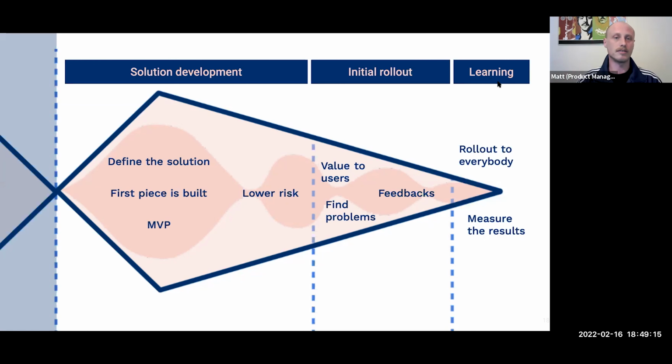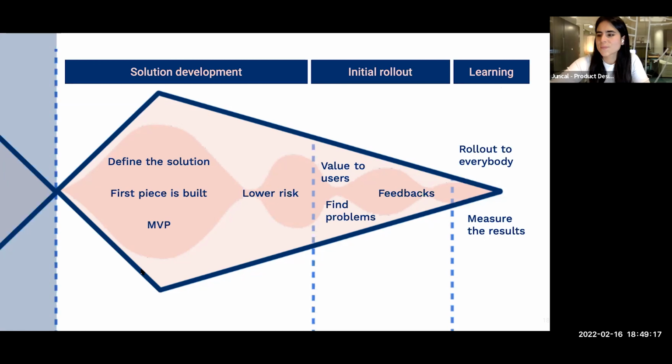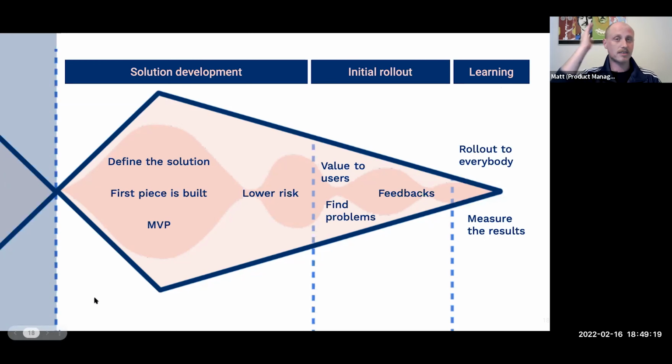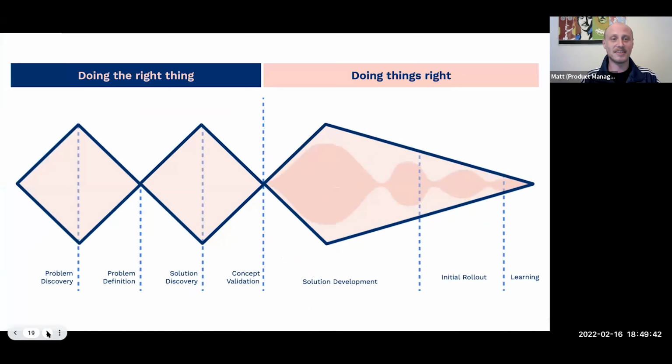And from this stage of learning, we can actually source the very beginning of the diamond. So the very first diamond, uncovering possibly new iterations or finding new patterns in the new reality that we just created with the solution. Or we may find out that everything was bad and, well, the risk is always there. So we may ship something wrong at the end, but this is always possible.